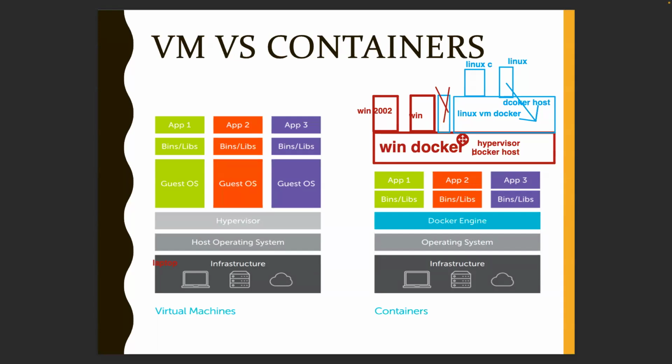If you try to run Linux containers on Windows, you cannot do it. Got it now, everyone? Am I clear with this? Yes or no will help me. Is this much clear for all of you? These are the differences with respect to the architecture.